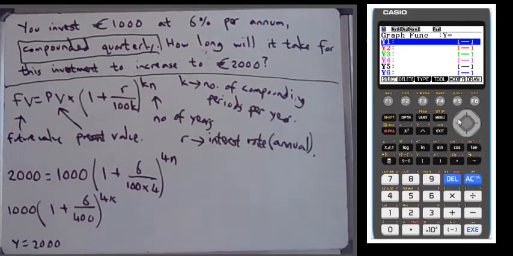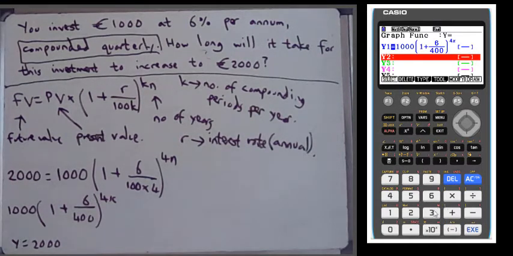So it needs to be 1,000, open a bracket, 1 plus 6 over 400, close the bracket, to the power of 4x. So that's the first line. The second line is a lot simpler, it's just y equals 2000.